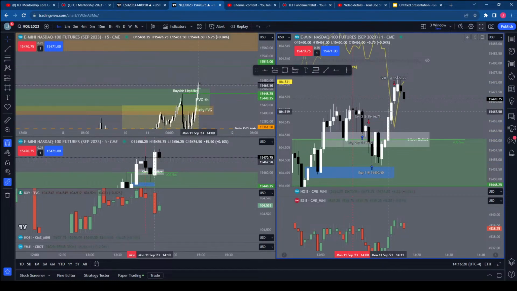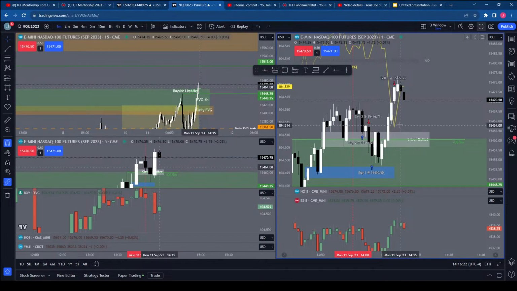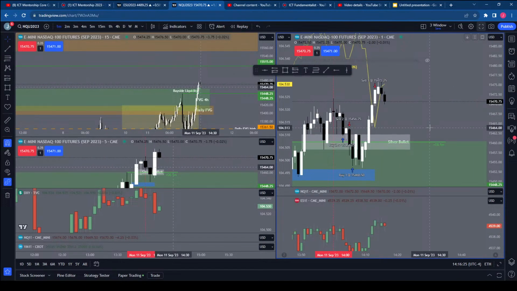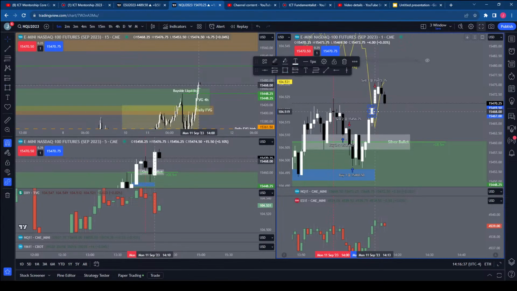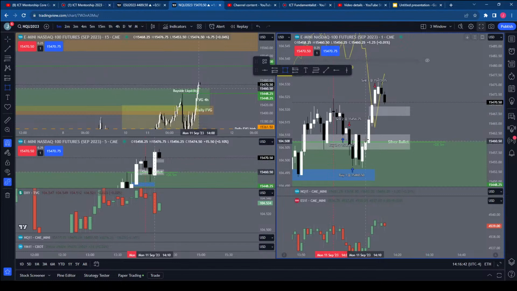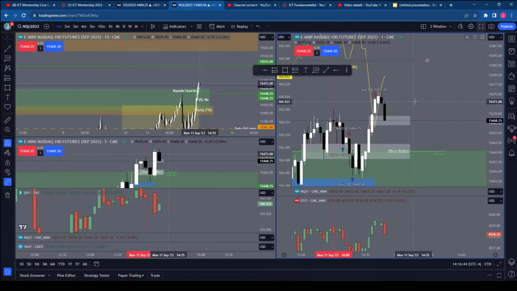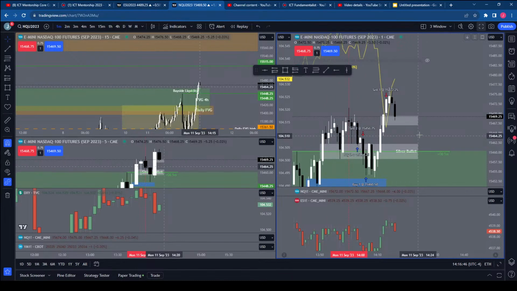Could definitely see it returning into this fair value gap, even this one. See how it respects this.